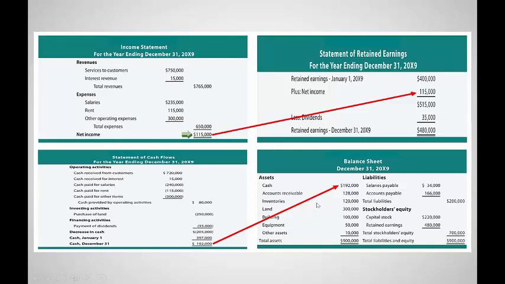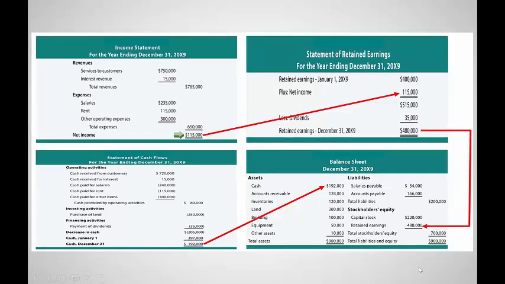Your cash flow statement is a reconciliation of how you have come to this balance each and every month for the cash account on your balance sheet. And then finally, your retained earnings from that retained earnings statement should be exactly the same as the retained earnings balance that's in the stockholder equity portion of the balance sheet.